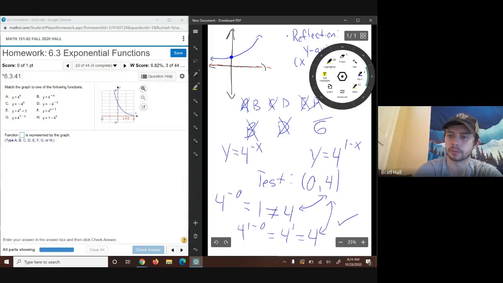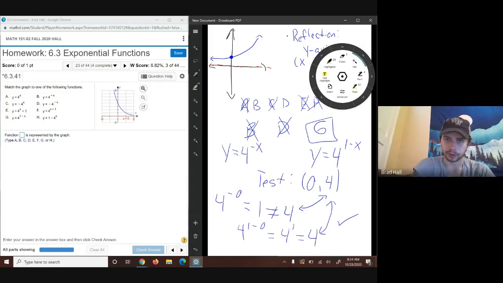So it's option G, and that's kind of the thought process. I wanted to make sure everyone was okay with that variety of transformations of the graph. So in this problem, it's answer G.